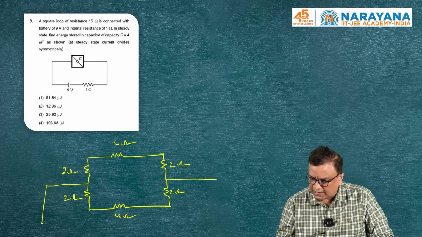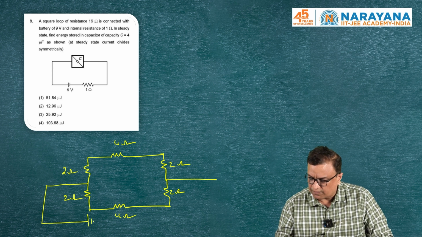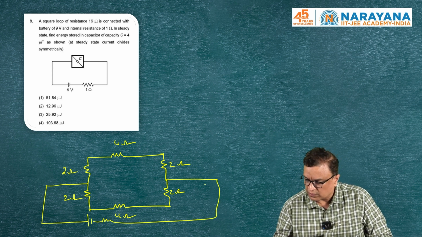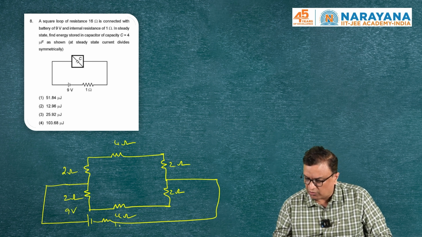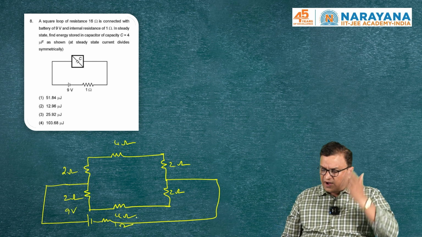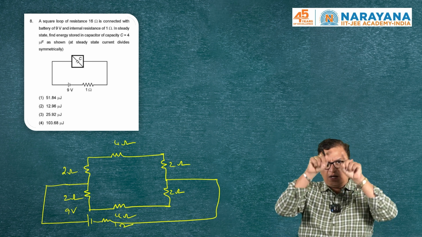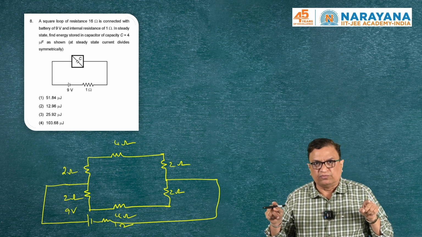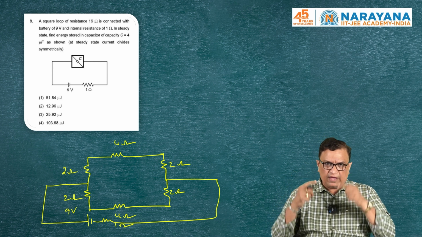Now the entire thing is connected to 9 volt followed by 1. Now see, fortunately, what is the resistance above? 8 ohms. What is the resistance below? 8 ohms.